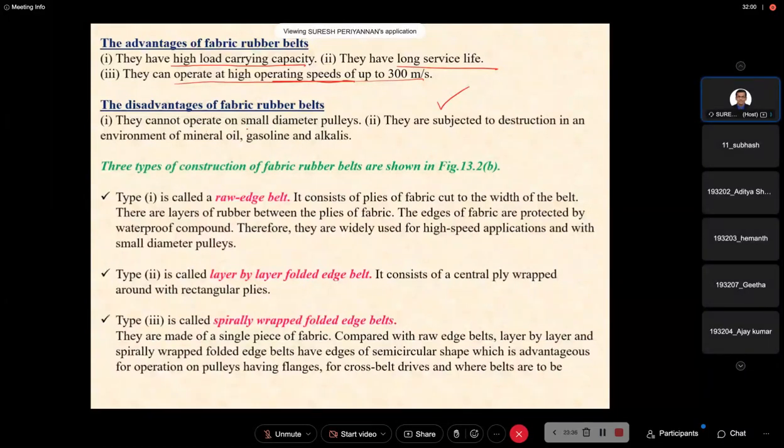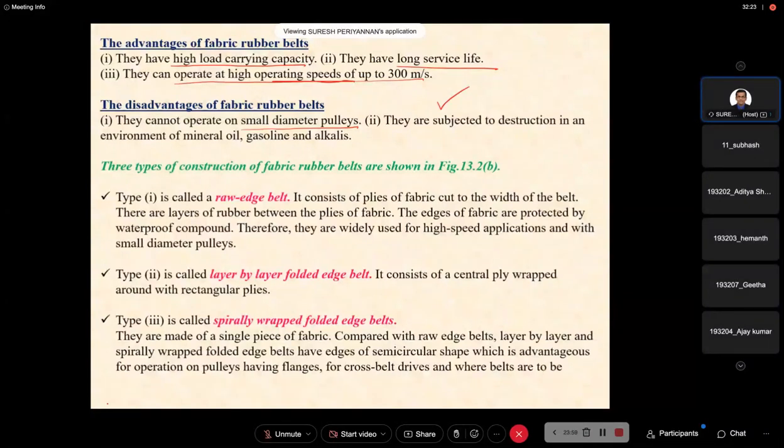It cannot operate with small diameter pulleys; it can be used with bigger diameter pulleys. It is also subjected to destruction in environments with mineral oil, gasoline, and alkalines. Chemically it will react. That is the disadvantage.